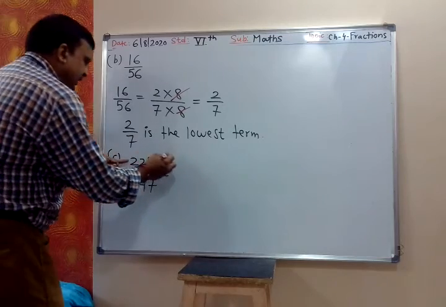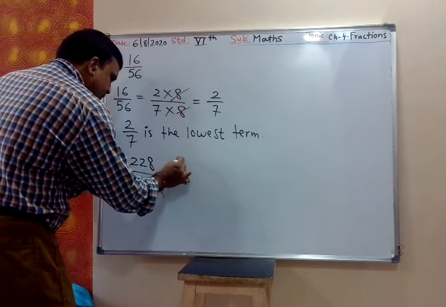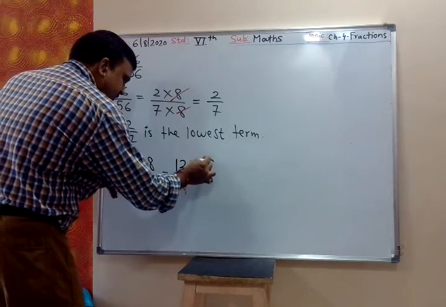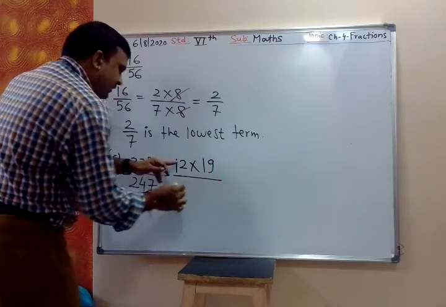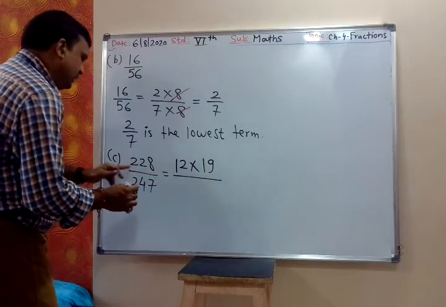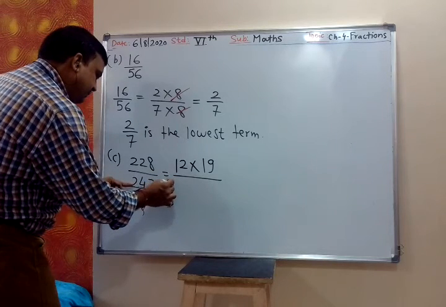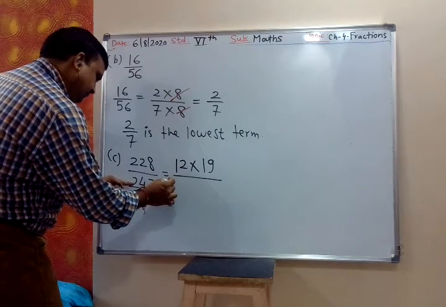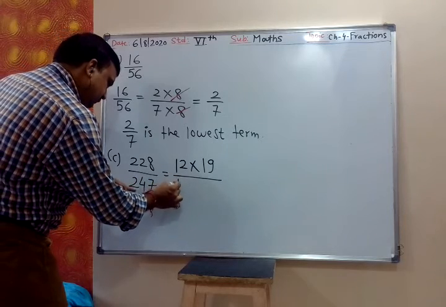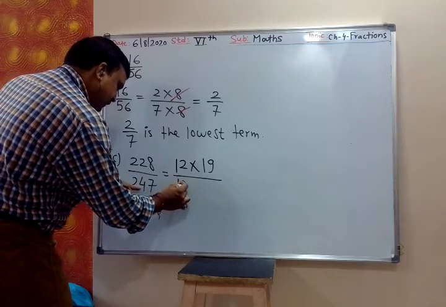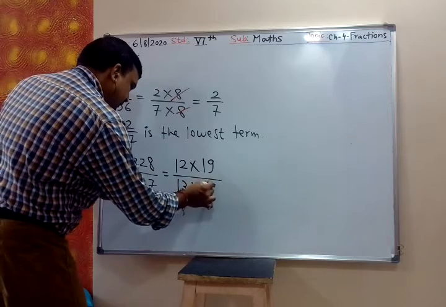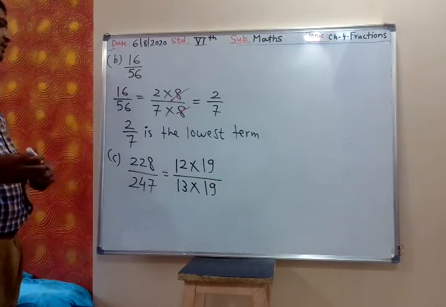This 228 you can write 12 into 19. Then 247 I can write 13 into 19.